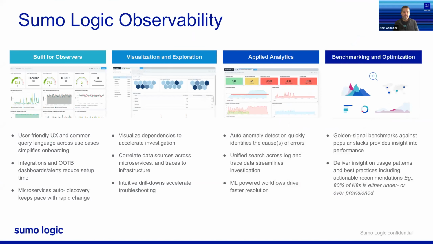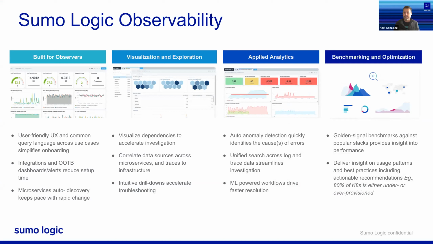So before we jump in, with Sumo Logic Observability, we are really passionate about building it for the observer. We want to create out-of-the-box dashboards and alerts to really cut down the amount of time it takes you to set up and get working.